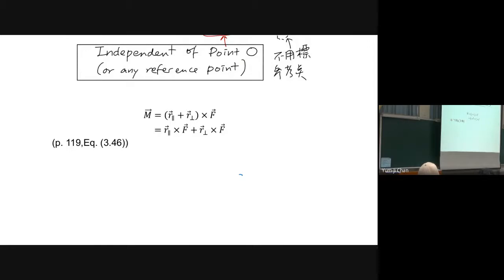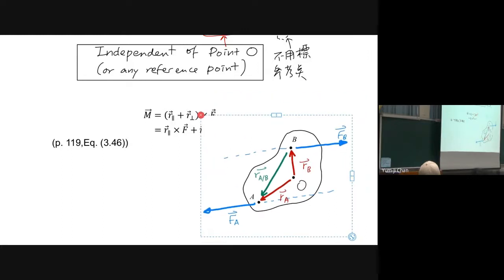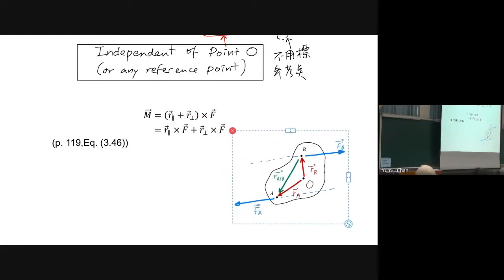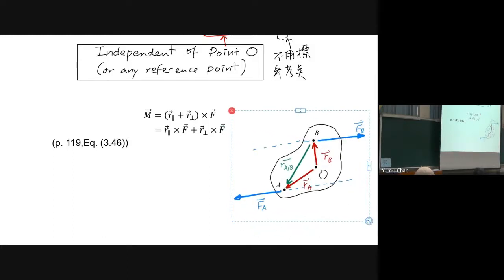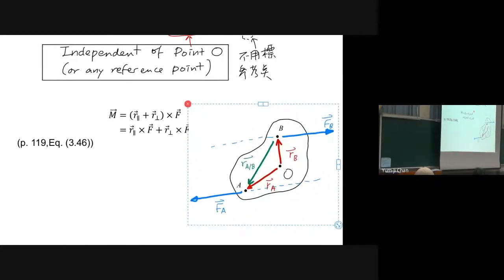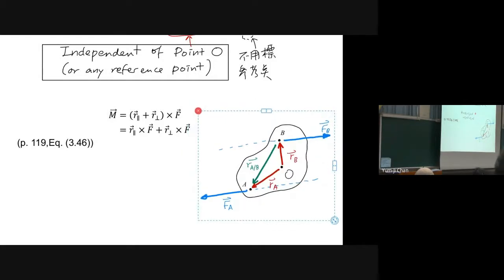Let me see. Okay, I think I should make it again. Oops. Okay. Now, we have this at the top of the page because I can't show the whole page here.